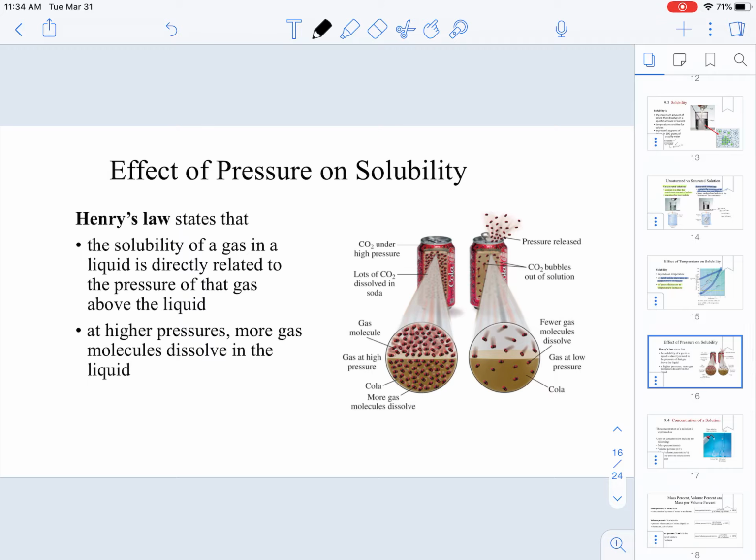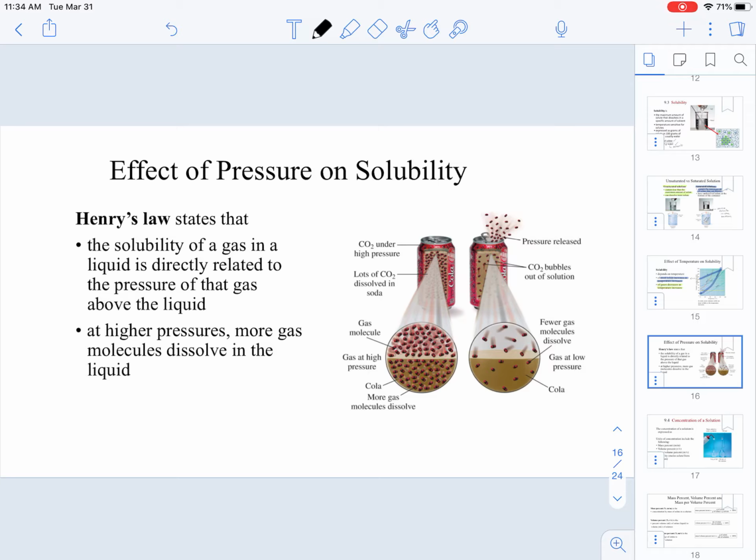Now, the next factor that can affect solubility is going to be pressure. And that is defined by Henry's law. As you can see, Henry's law states that the solubility of a gas in a liquid is directly related to the pressure of that gas above that liquid.